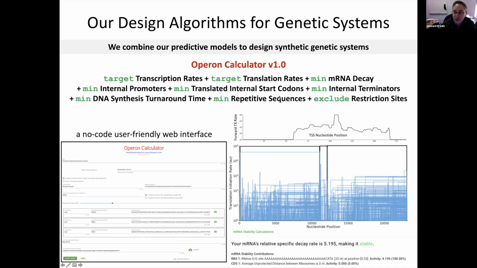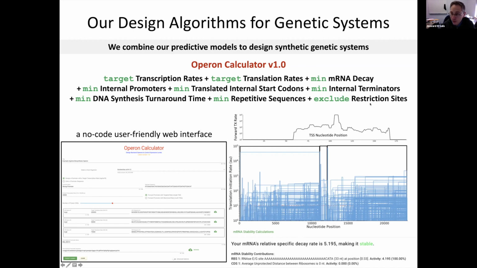And then you also specify the things that you don't want, like you don't want internal promoters, you don't want internal start codons that are highly translated, you don't want terminators inside of your coding sequences. You want to make sure that you can actually synthesize your genetic system as fragments. You want to remove repetitive sequences to make your system more evolutionarily robust.